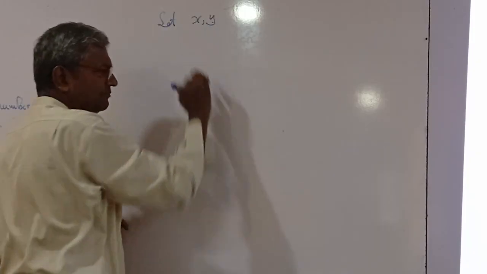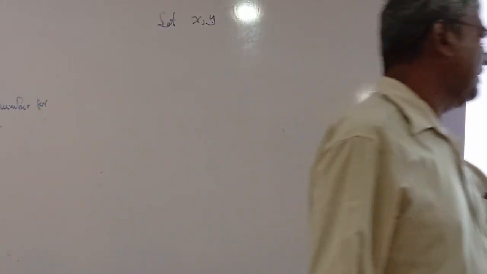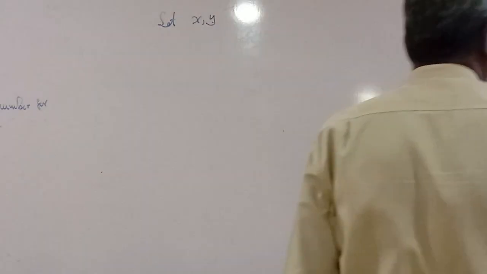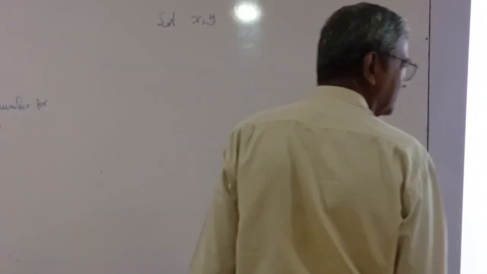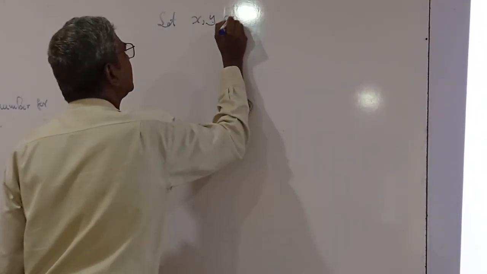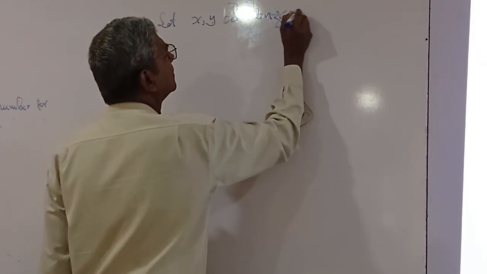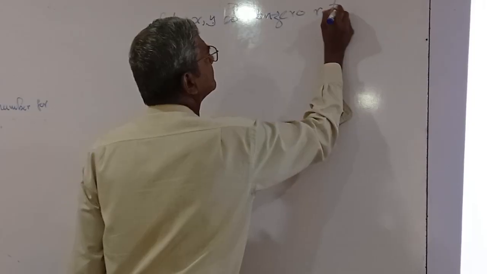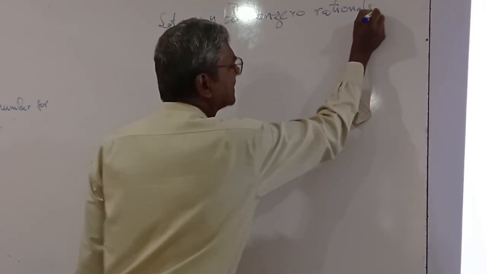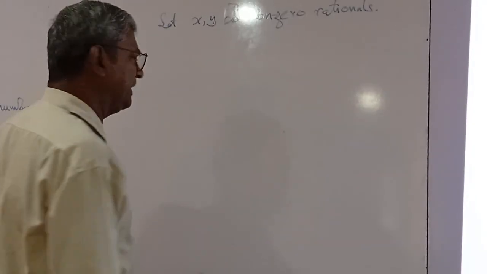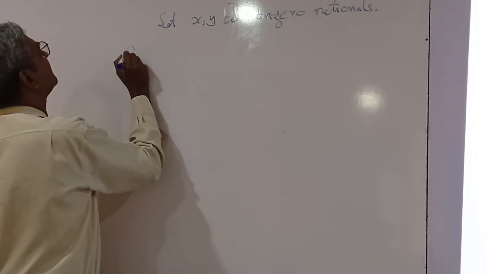Let x, y be non-zero rationals. Then we need to prove this proposition, let me write.